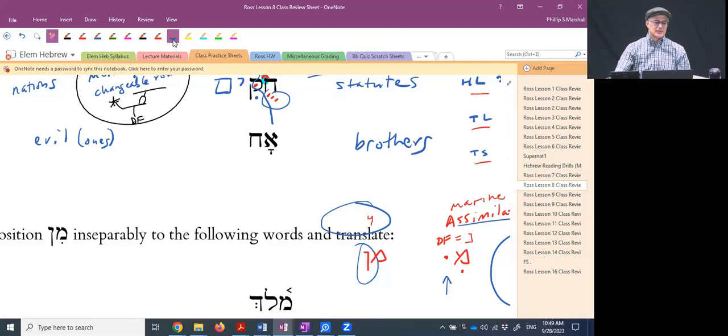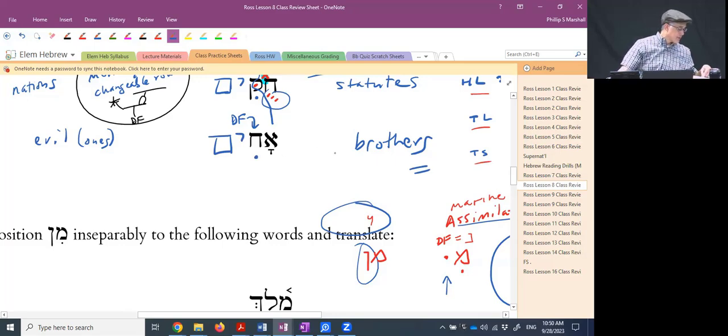Ach. Okay, so I want to drop a dagesh forte in here as soon as I add an ending. Brothers are masculine, aren't they? Yep. The plural ending should be im. Now, what's going to happen here? This one's interesting. On page 78, Ross tells you what happens here with chet.